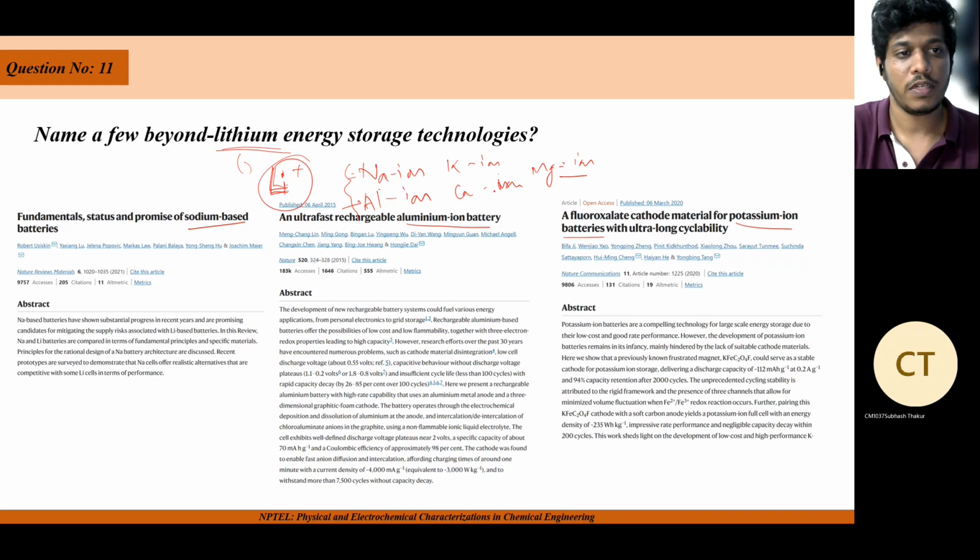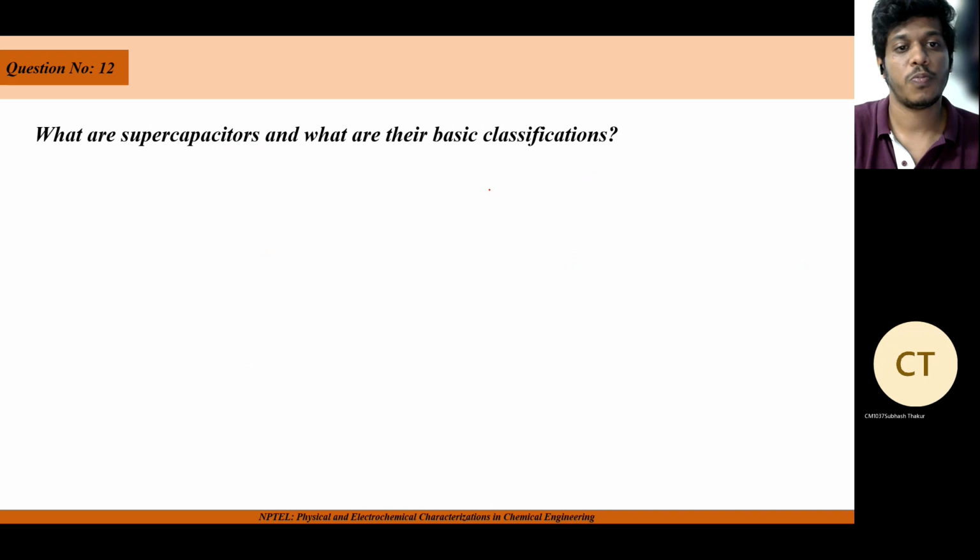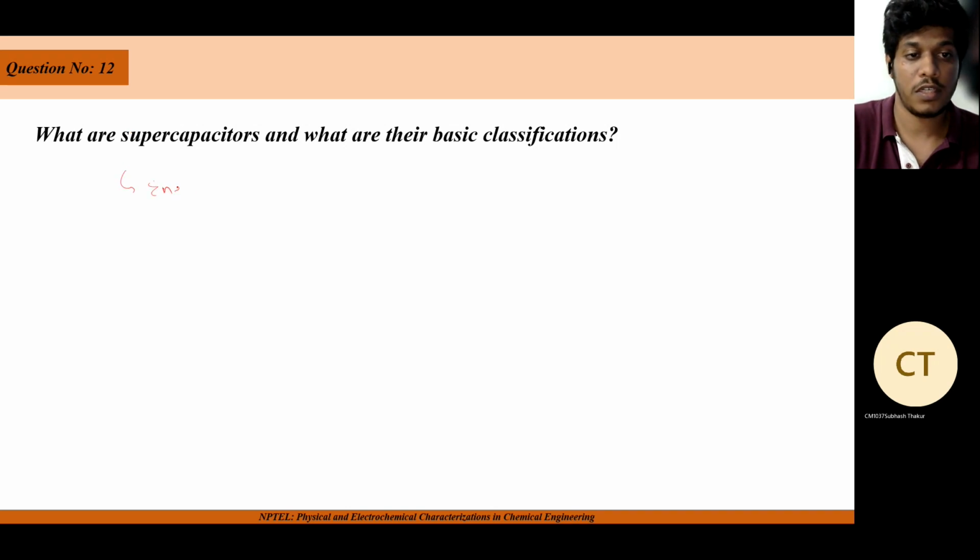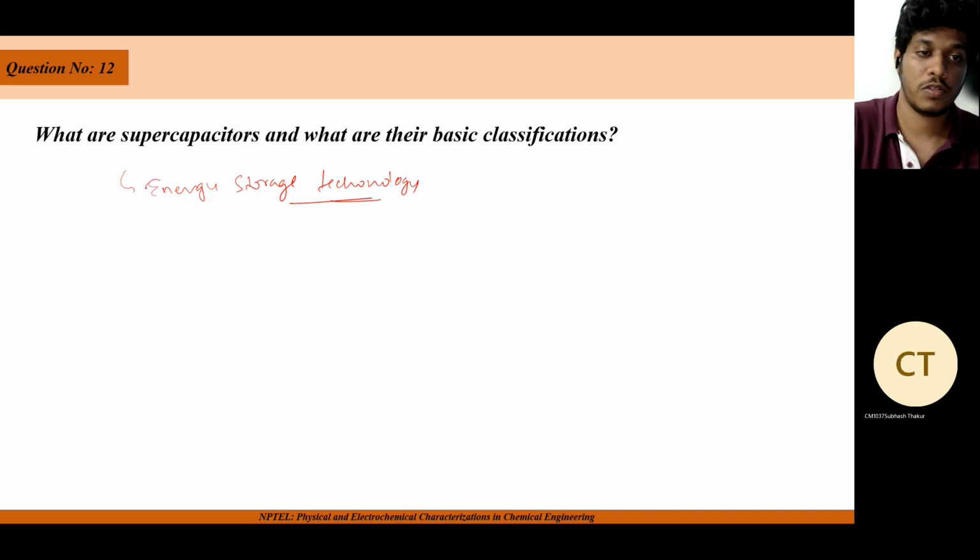Okay, now let us go to the next question. What are supercapacitors and what are their basic classification? As I said earlier, a supercapacitor is a kind of energy storage technology where charges are stored by means of charge separation. Here we will have an electrode, and there will be an electrolyte, and then the other electrode.